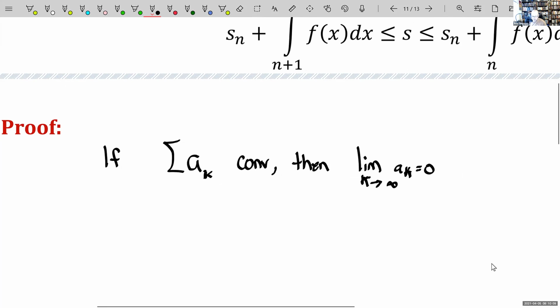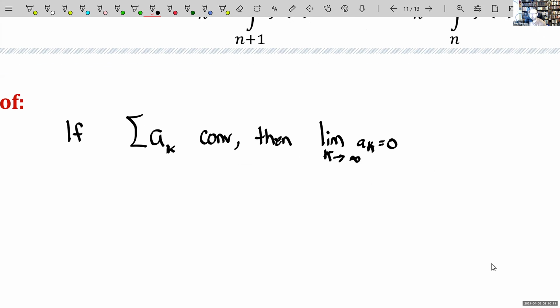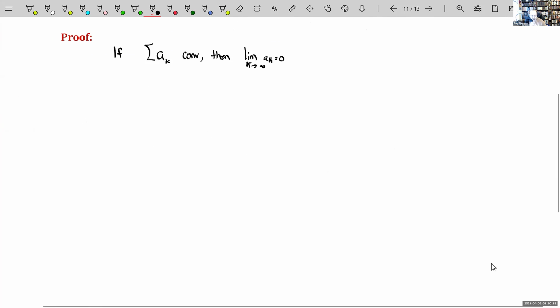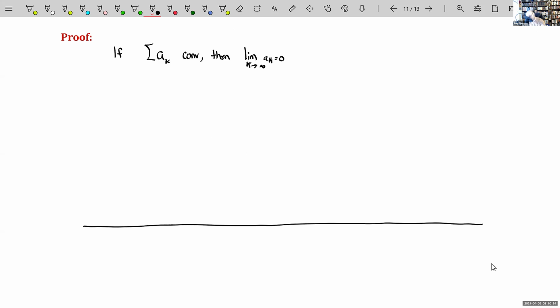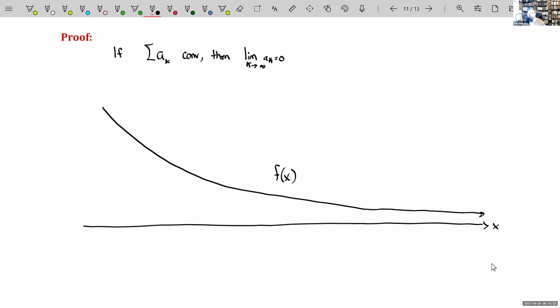If it's non-zero, in other words, if that limit doesn't tend to 0, we know it would diverge. So therefore, if the summation is convergent, we know the limit of the sequence will be 0. Why am I writing that? Well, because that just tells me that if I were to draw a horizontal x-axis here, the function we're comparing it to has to tend to 0 as time goes on. I hope that makes sense.